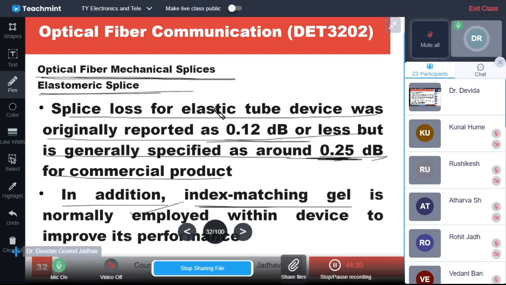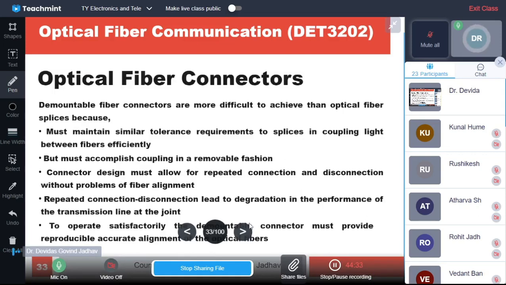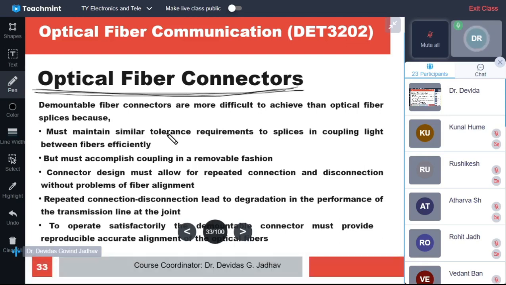In splicing, there are fusion splicing and mechanical splicing. Fusion splicing we have seen, and mechanical splicing we have seen: snug tube, V-groove, and the variant of V-groove, the elastomeric splice. Then we will have fiber connectors.